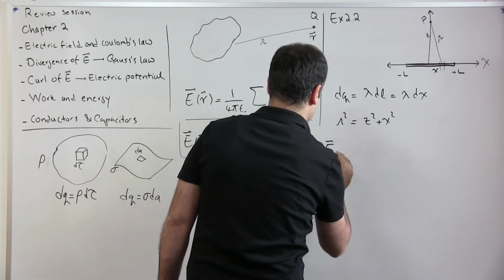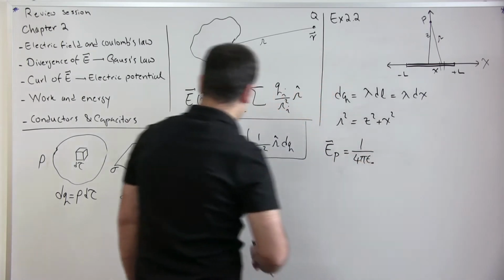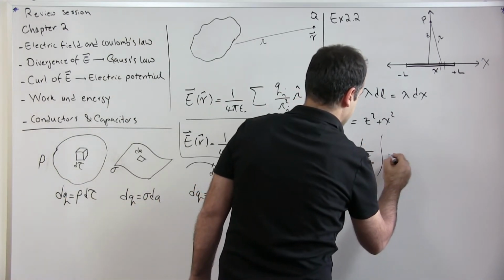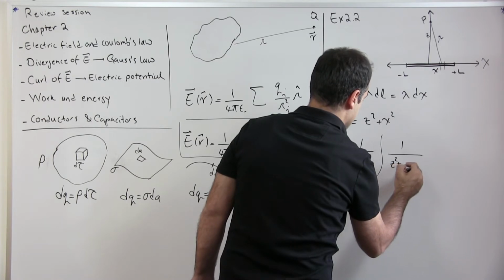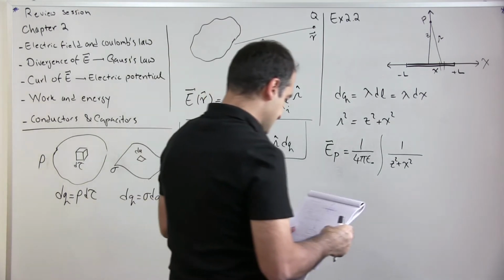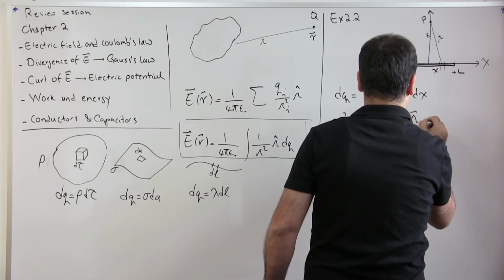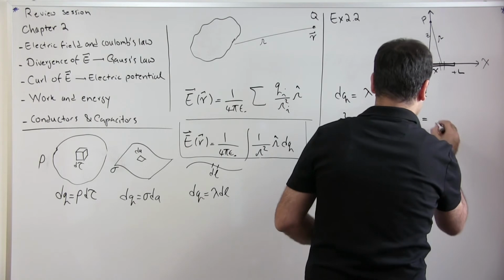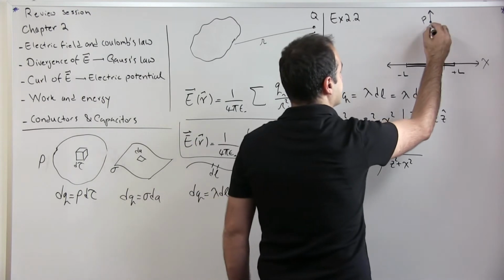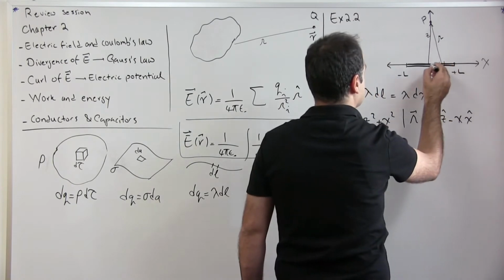So if you want to carry out this integral, E at point P should be the integral of 1 over 4 pi epsilon 0. Now we have 1 over R squared, which is the integral of 1 over Z squared plus X squared. And then we have R hat. R itself is Z times Z hat, which is this vector, minus X times X hat, which is this vector.